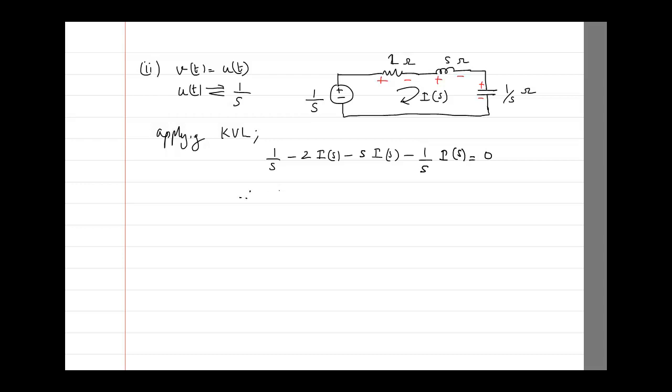Therefore, I can say 1 by s is equal to 2 plus s plus 1 by s into I of s, which I can very conveniently write as s square plus 2s plus 1 divided by s into I of s.